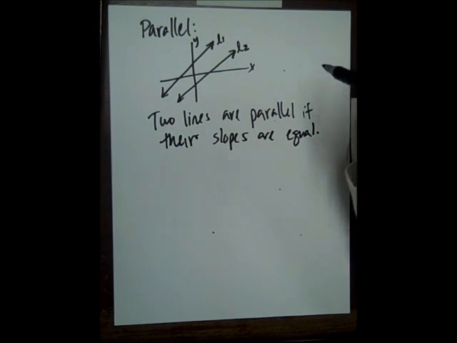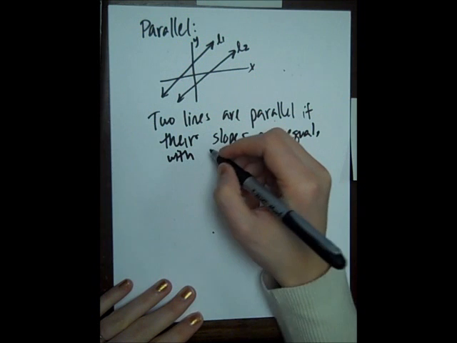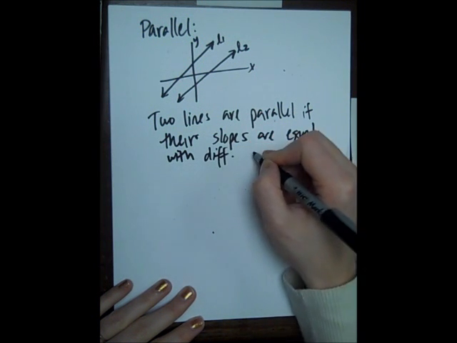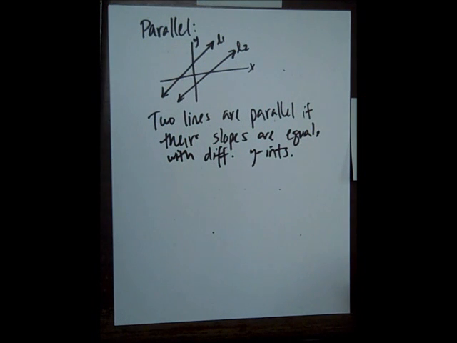Now I should say they're parallel if their slopes are equal with different y-intercepts. If you have the same y-intercept and the same slope, then your lines are actually equal, and we don't want that. So two lines are parallel if and only if their slopes are equal and you have different y-intercepts.